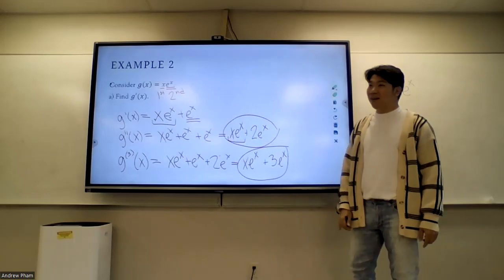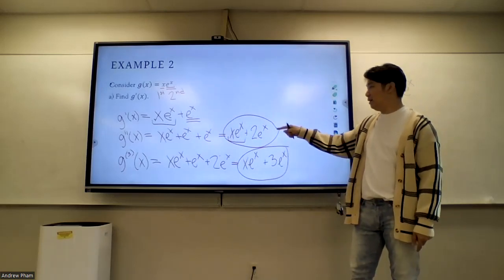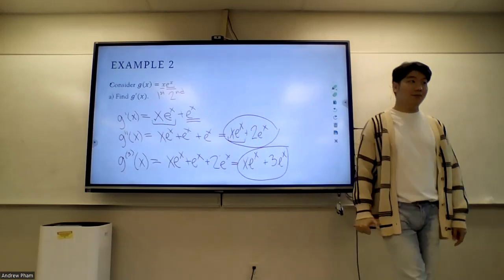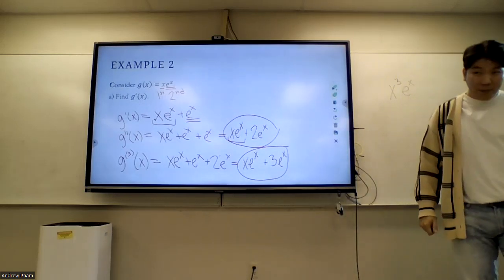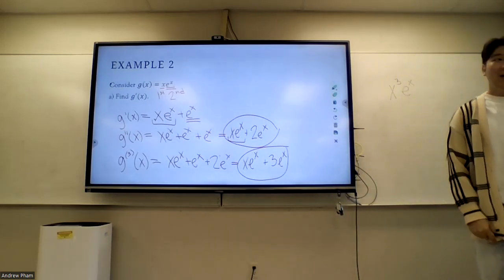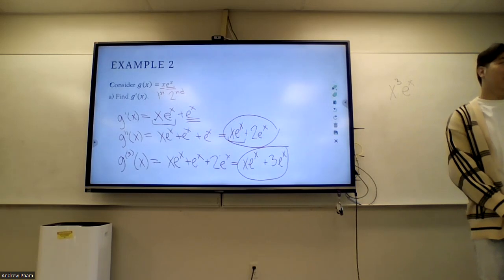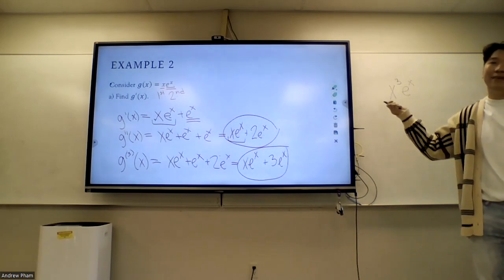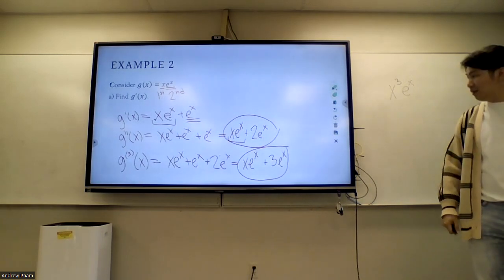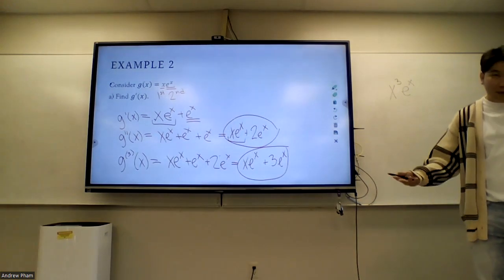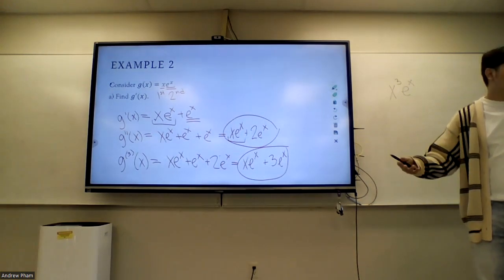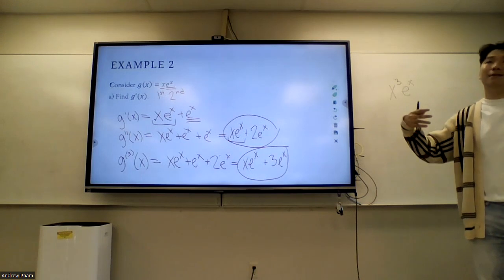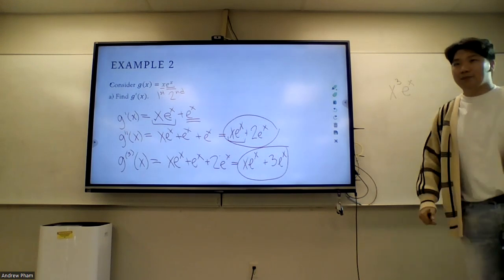Am I noticing a pattern here from the first one to the second? You should be noticing a little bit of a pattern, enough where if I told you to find the fourth derivative, you could probably guess what it is. Plus 4 e to the x. That's for the fourth derivative. The fifth derivative of x e to the x is x e to the x plus 5 e to the x.